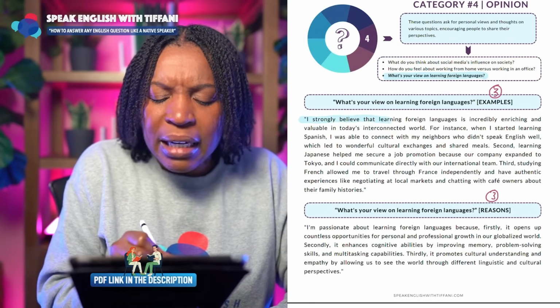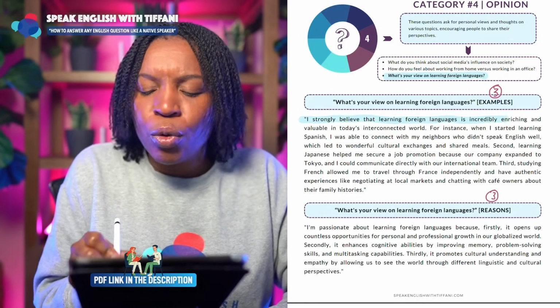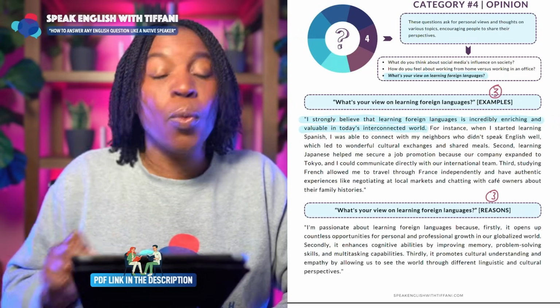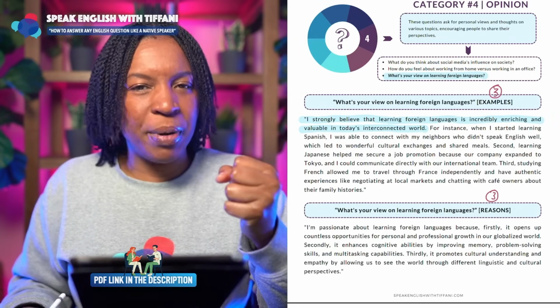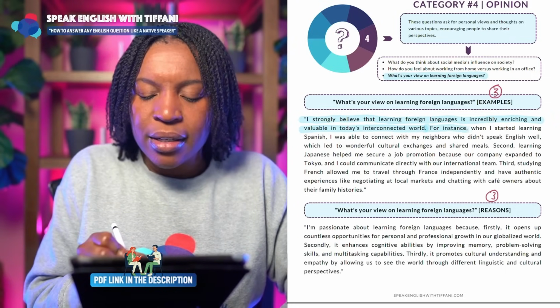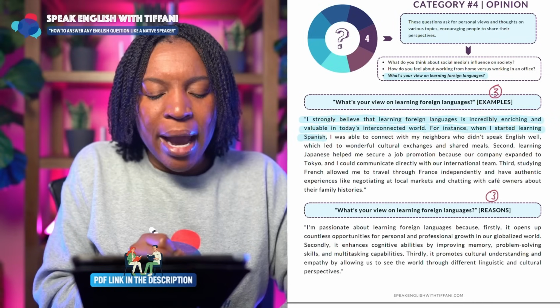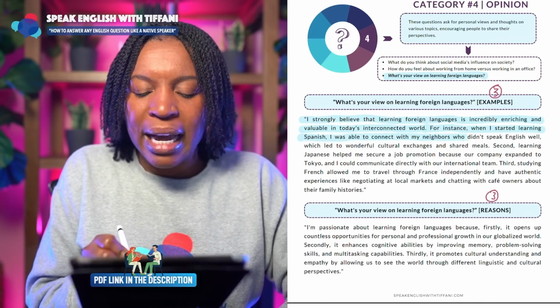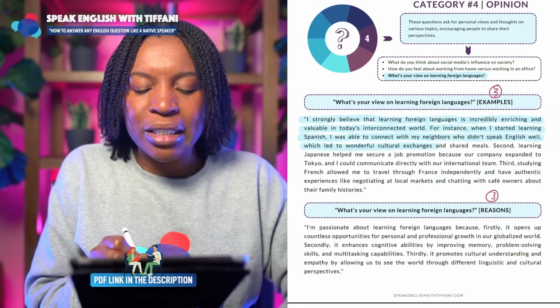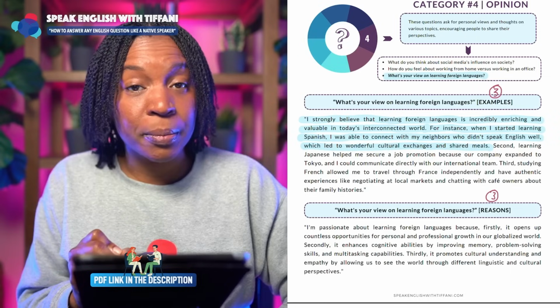I strongly believe that learning foreign languages is incredibly enriching and valuable in today's interconnected world. Strong opinion. Now we're going to give 3 examples. For instance, when I started learning Spanish, I was able to connect with my neighbors who didn't speak English well, which led to wonderful cultural exchanges and shared meals.